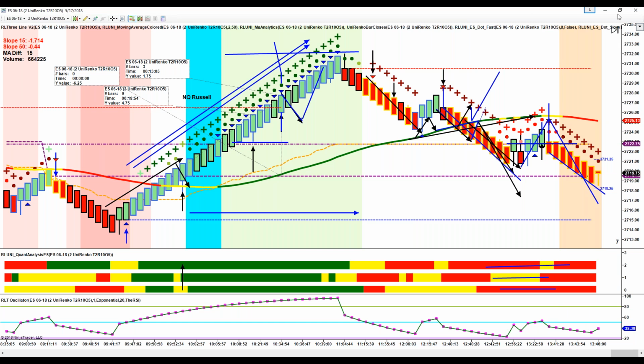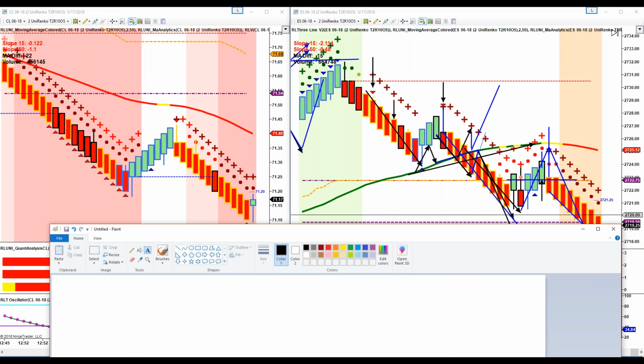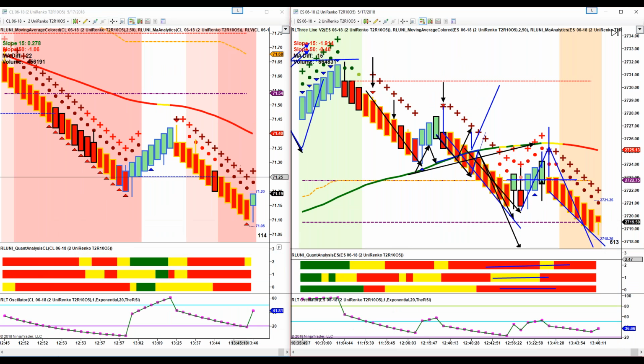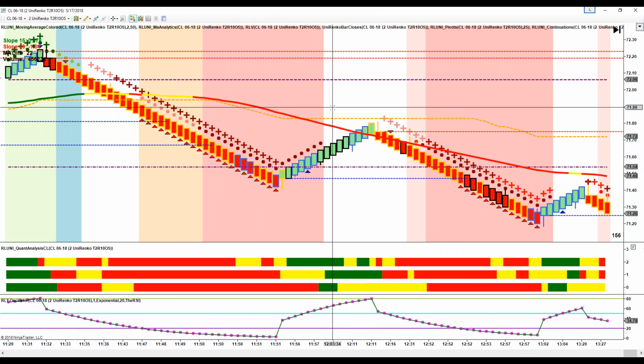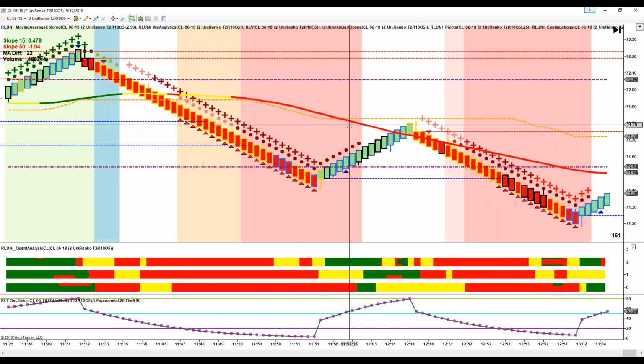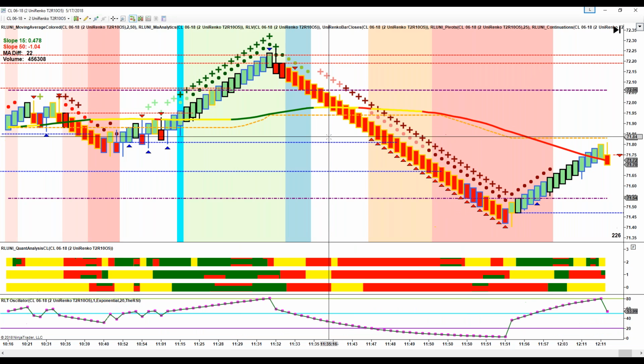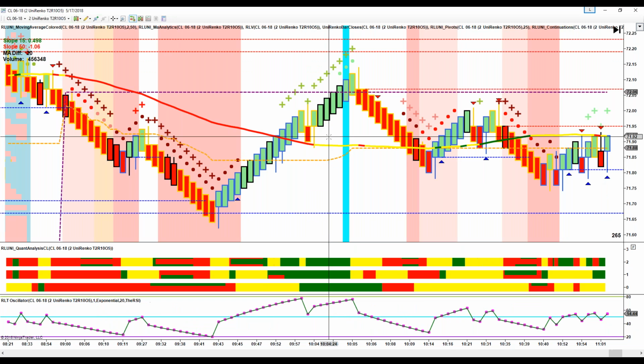So let's take a look at crude. Now remember, I'm going to close this. Now, here's your problem with crude, and we can take a look at it right from the beginning of the day.